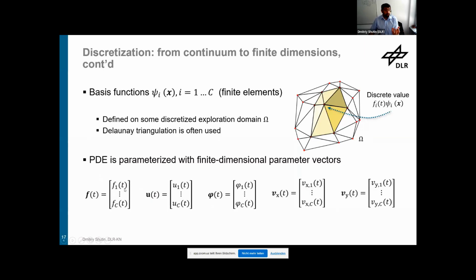So the coefficients that we are actually trying to estimate are these linear representation coefficients of our function. So these are our unknowns. And as you can see, they all depend on time.